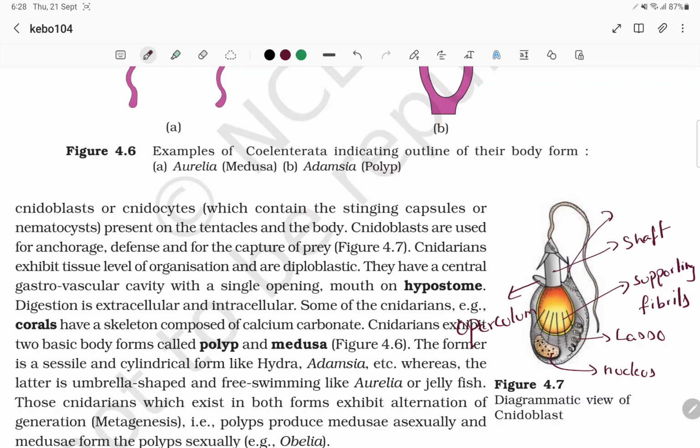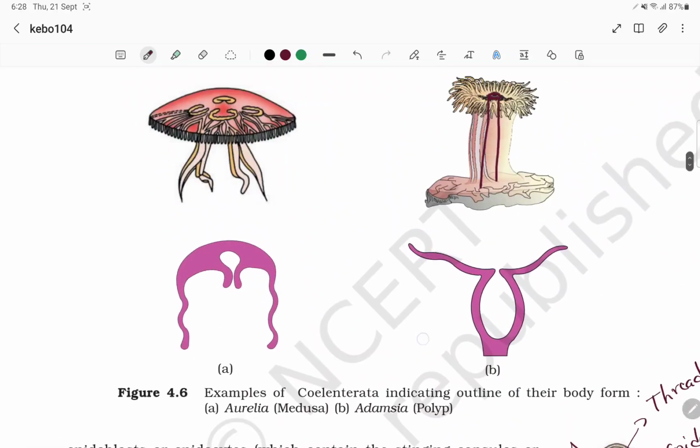This is the cnidocil. And we have the spines for the shaft, and this is the thread tube. These are the parts of the cnidoblast, or you can also call it cnidocyte.